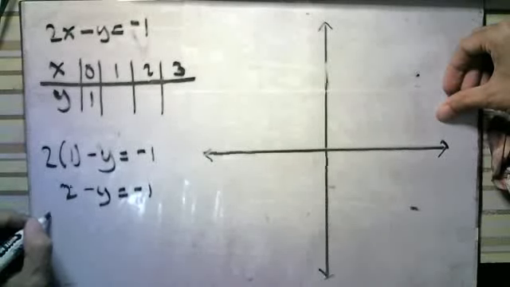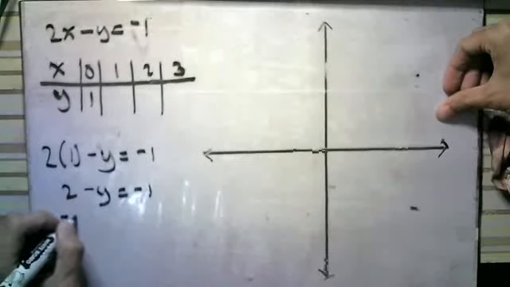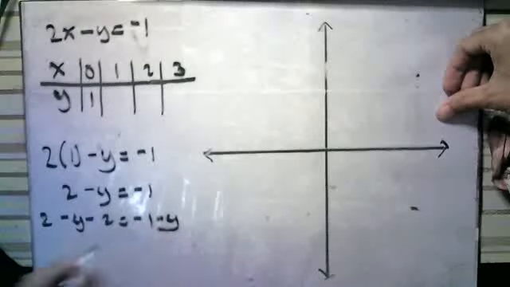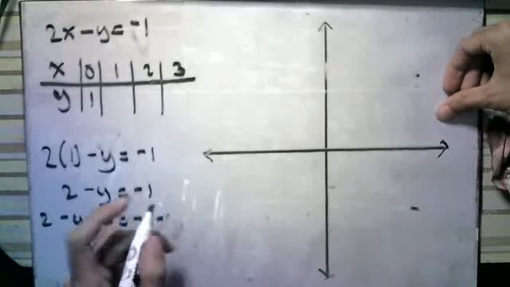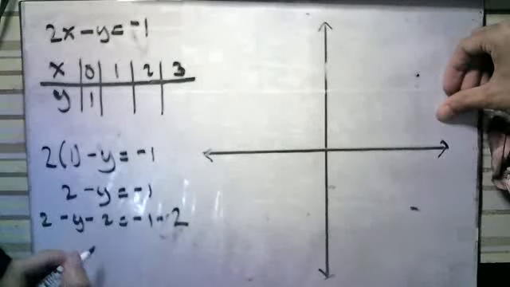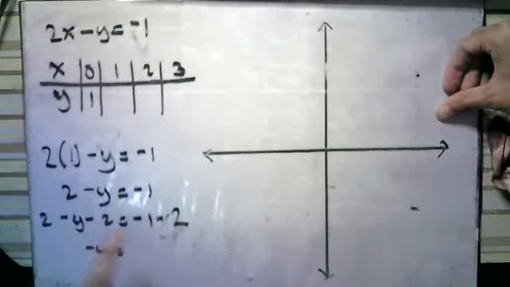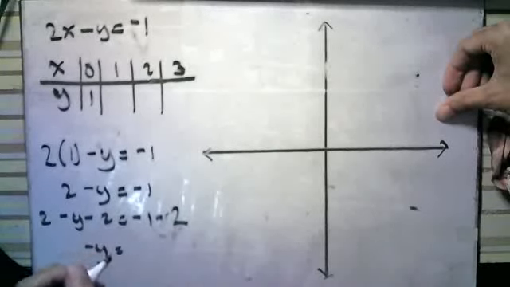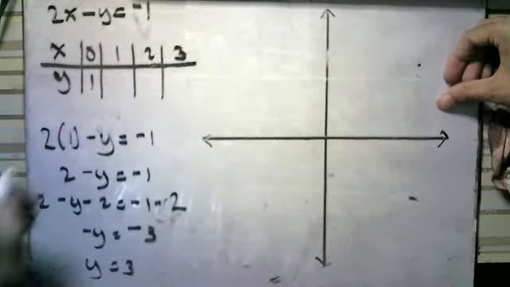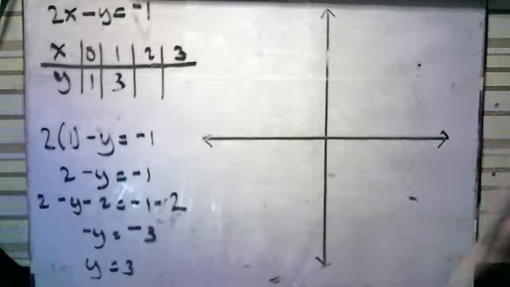So, that will be 2 minus y minus 2 is equal to negative 1 minus 2. Oh, sorry. That will be minus 2. 2 minus 2, that will be 0. So, matitira na lang is negative y is equal to negative 1 minus 2. That will be negative 3. And y is equal to 3. Divide both sides by negative 1. So, by the way, your y will be equal to 3. Next.